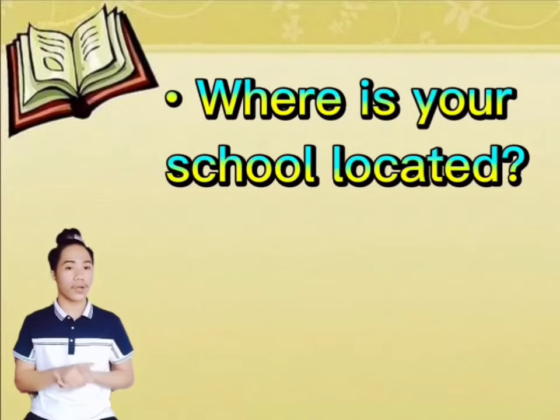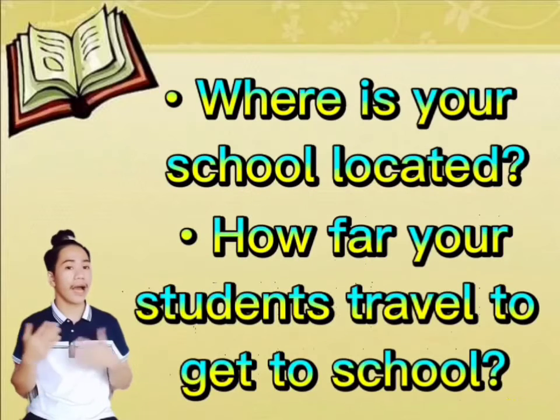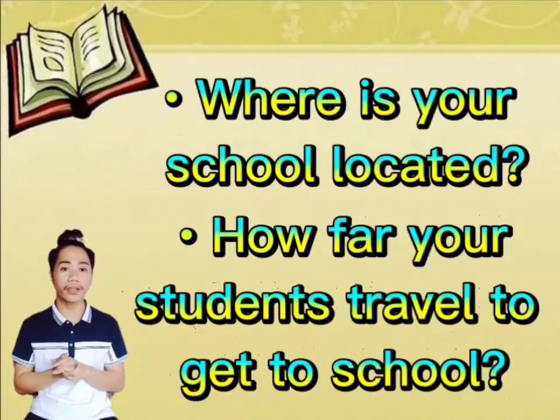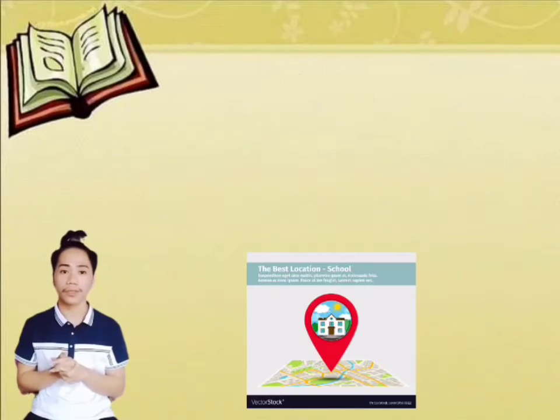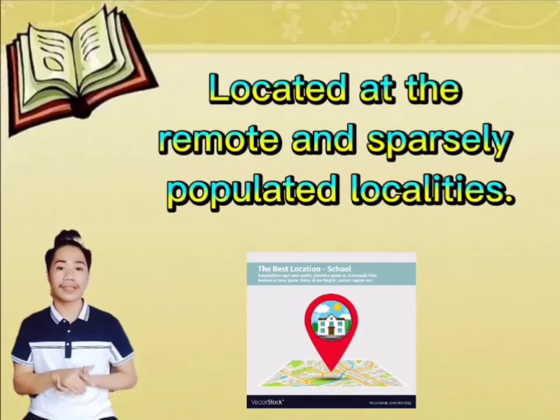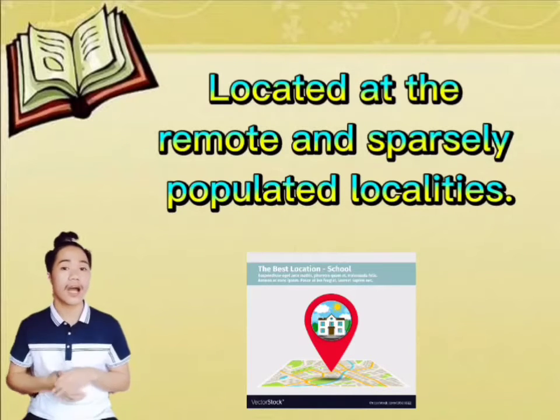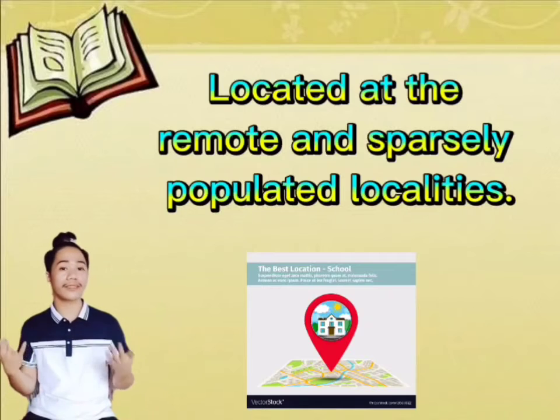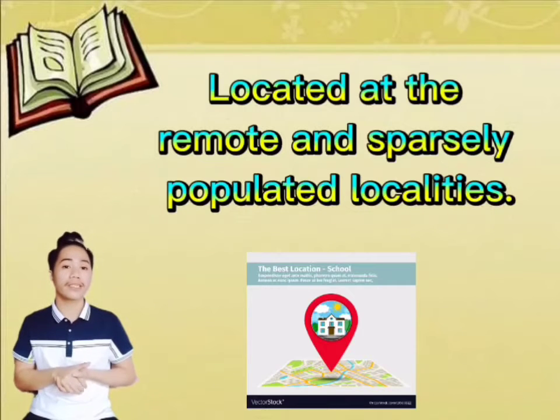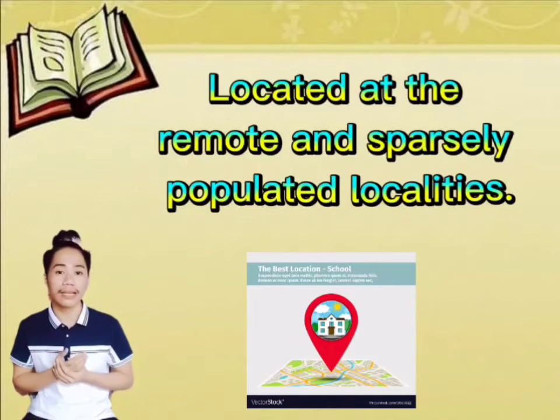Where is your school located? And how far do your students travel to get to school? When we say multi-grade classroom, the implementation of multi-grade classes is in schools located in remote and sparsely populated localities.